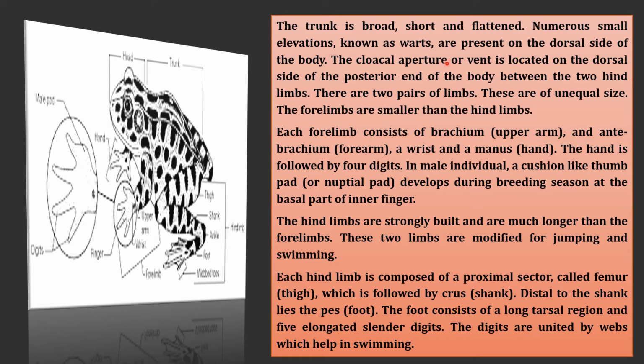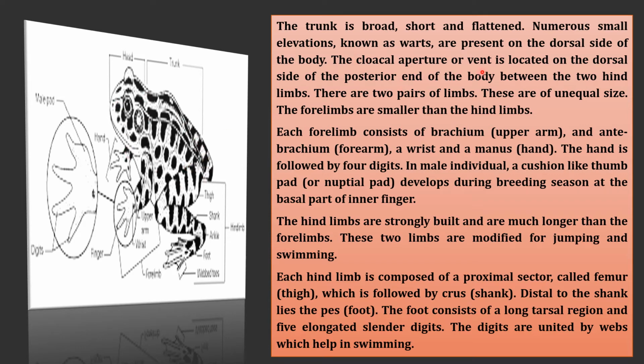Now numerous small elevations known as warts are present on the dorsal side of the body of a toad. See these black-colored spotted things, actually warts, small bag-like structures. This is called warts. These are present on the dorsal side of the body of a toad.